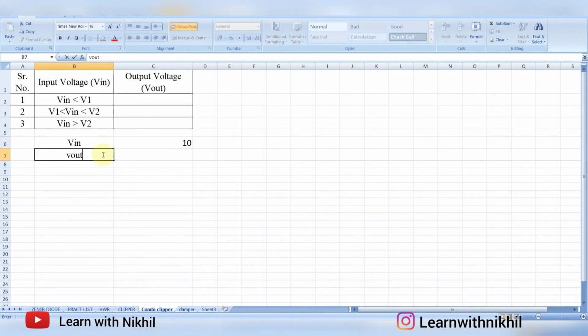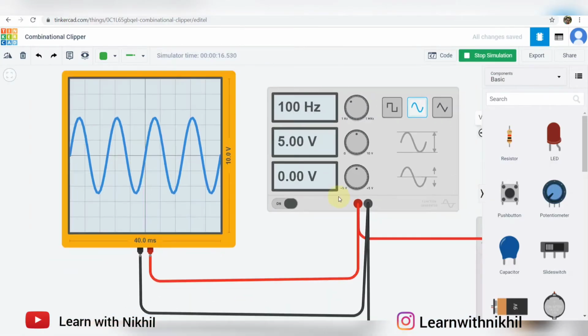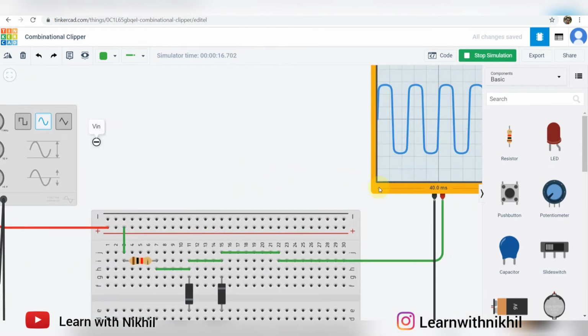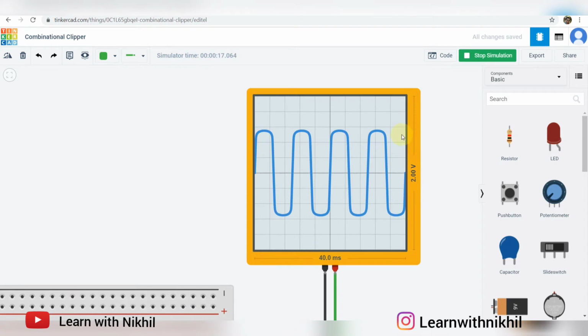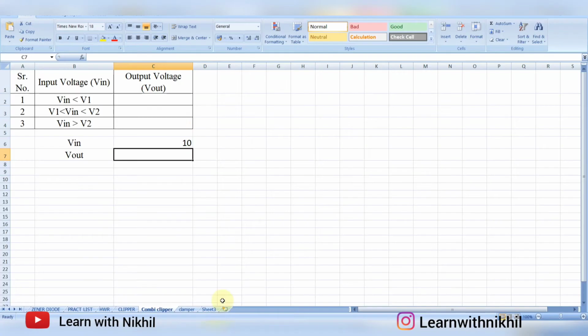And Vout, as per our observation table, as I said, this is 2 volts, this is minus 2 volts. The total height is a division of 2 volts, so this will be plus 1 volt, minus 1 volt. The total amplitude will be 2 volts. So Vout is 2 volts.